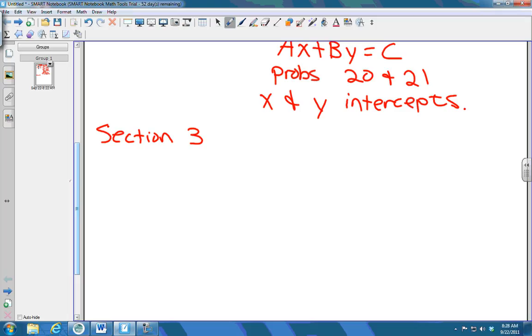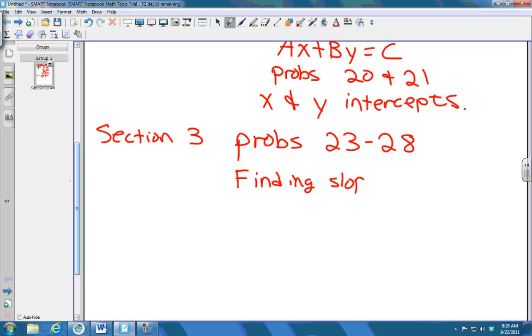Section 3, go on the next page. We will do problems 23 through 28. Finding slope from 2 points, you will have to know the slope formula if you get them on the test.